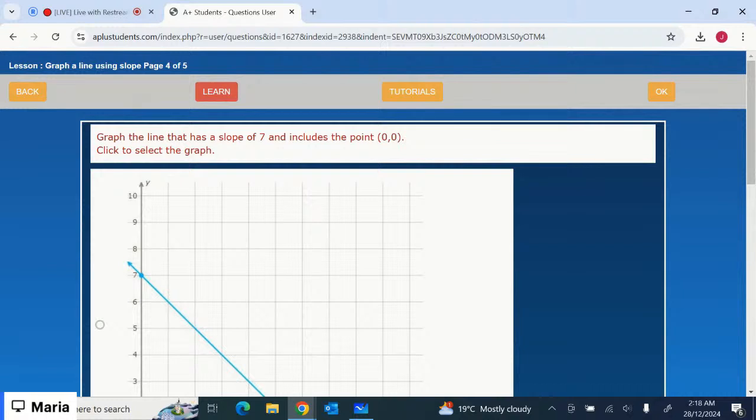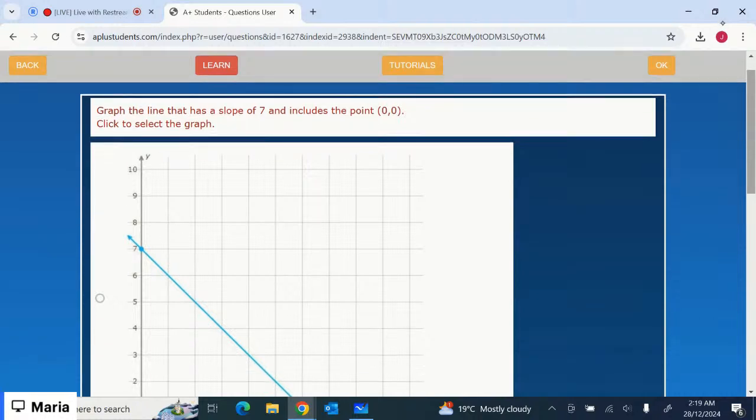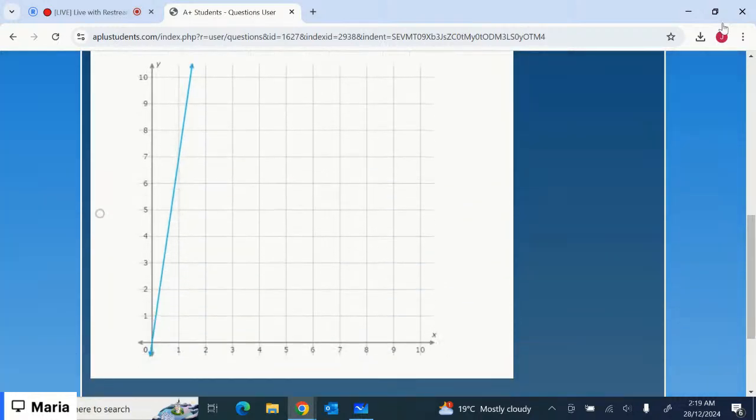Graph the line that has a slope of 7 and includes the point (0, 0). So here is the point (0, 0).